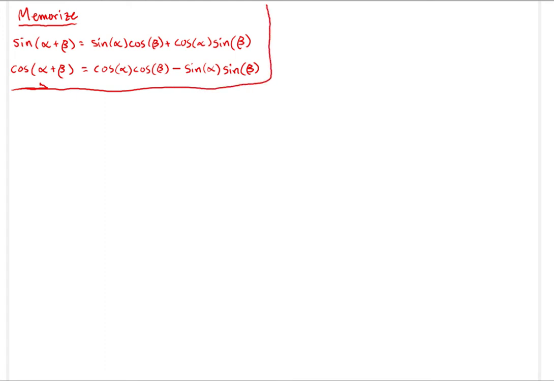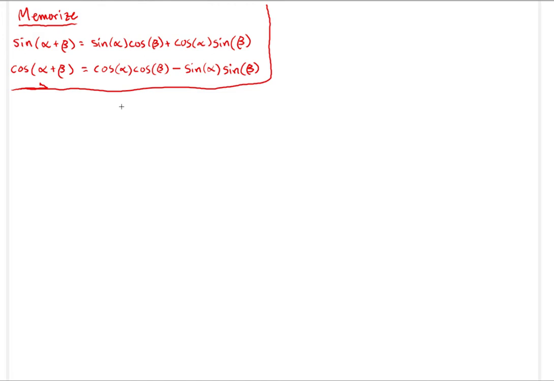And that might seem rather unbelievable, but let's go ahead and produce all the others. So I think what I'm going to do to hopefully have this stand out is I'm going to have every formula end up in red, and then in black is where I'll do the work that gets us there.